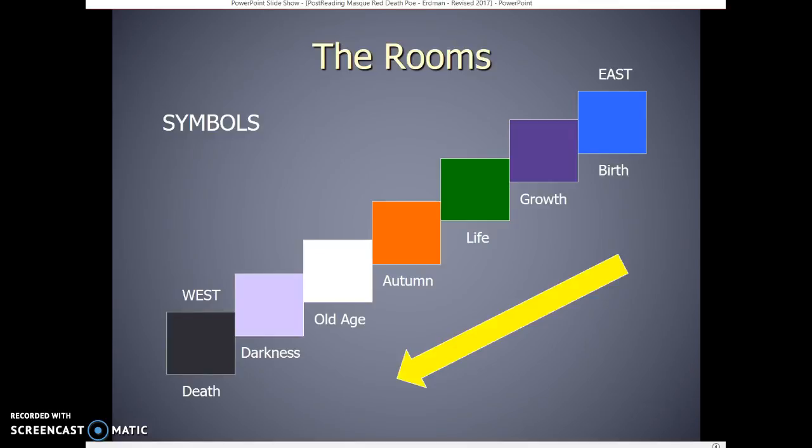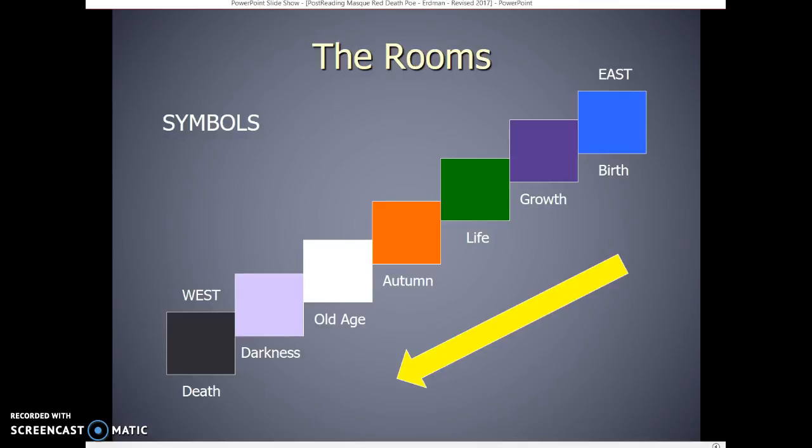So the first thing you want to think about are the rooms. Each one of them has its own symbol. For example, anytime you see a color written into a work of literature, you can assume that it probably has some kind of symbolic meaning.